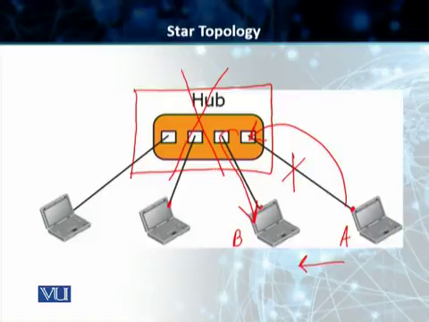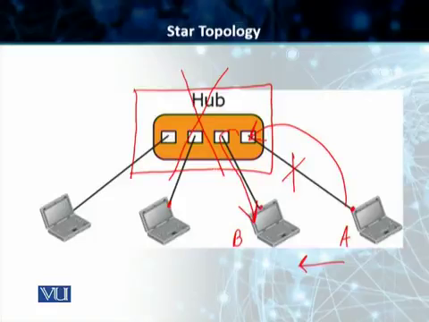Students, in this particular case, you can see that the cabling is lesser than the cabling that's required for a mesh topology. But as you will see, this is still more cable than, for example, a bus topology would have. So remember the discussion that we had on a multi-point connection?